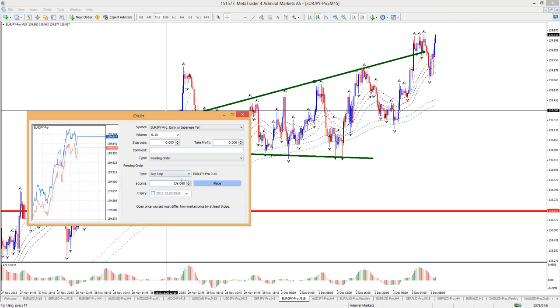In theory, the big daily target is at 144, but price will most likely not get to 144, of course, on this 15-minute chart. There'll be more ups and downs in between.